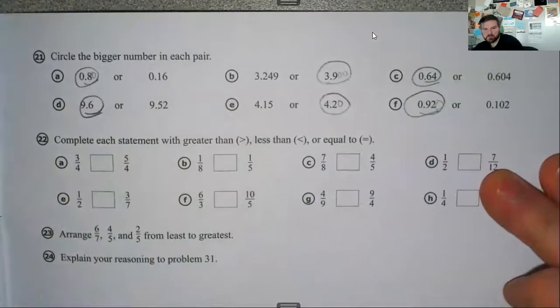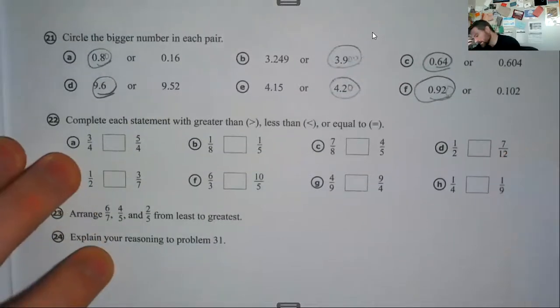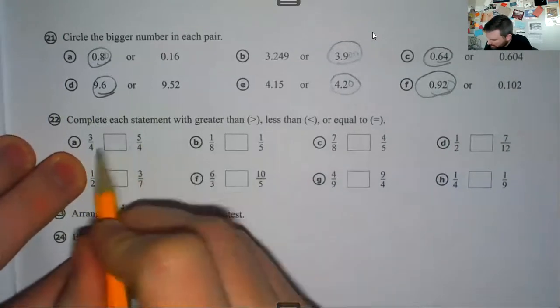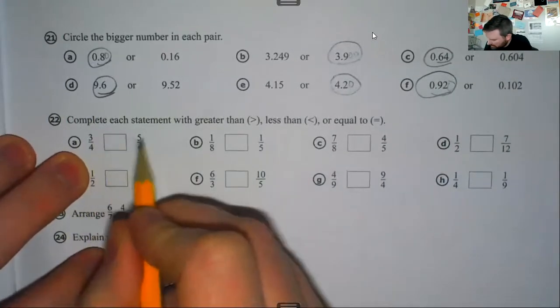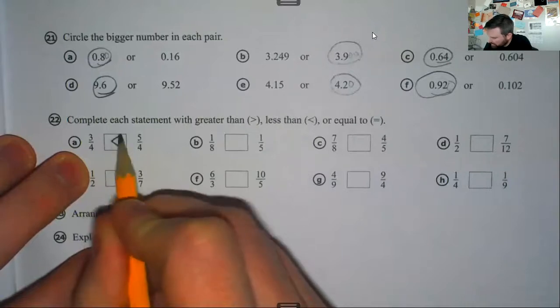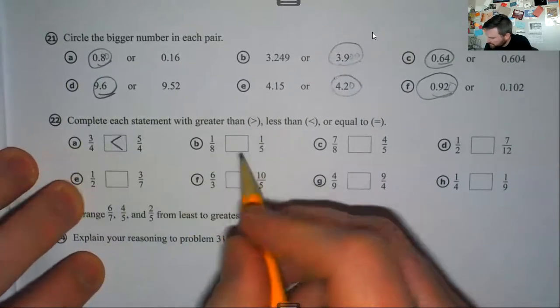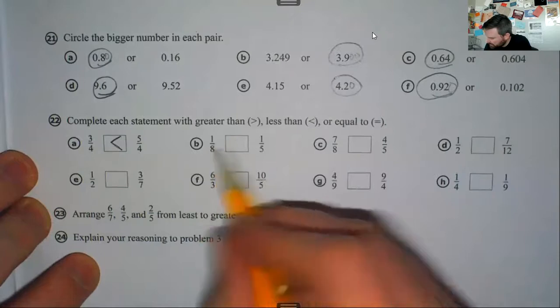Complete each statement with a greater than, less than, or equal to. Okay, so 3/4 or 5/4. Well, the bottoms are the same, but this is a bigger number, so that will be the less than. 1/8 or 5/8.